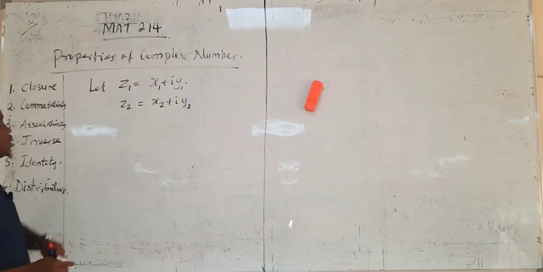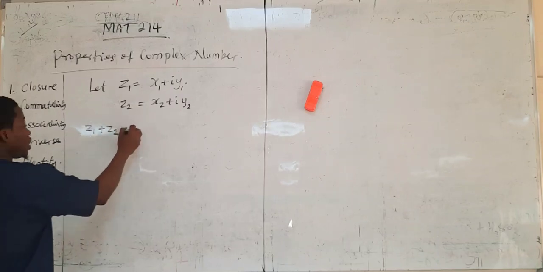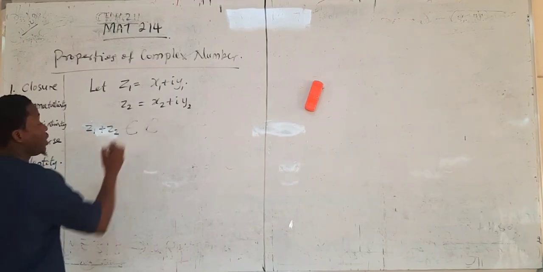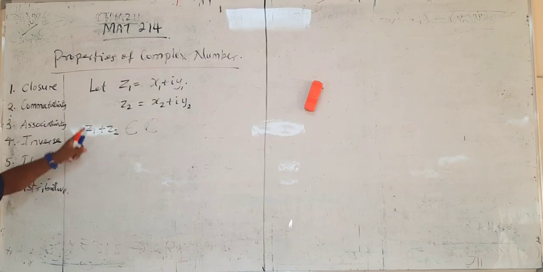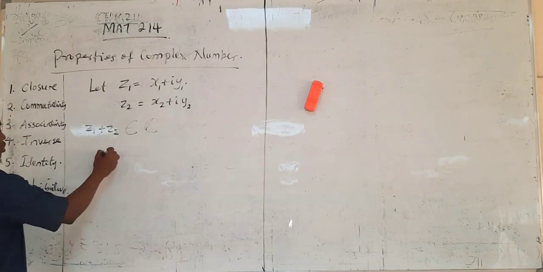So if we have z1 plus z2, which is also an element of the complex numbers, then we say that the complex number is closed. You understand?